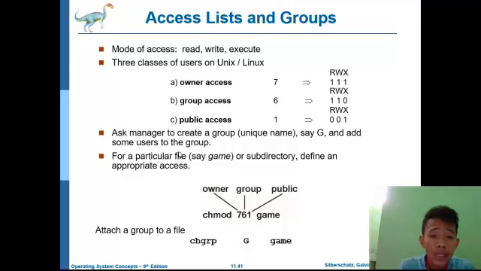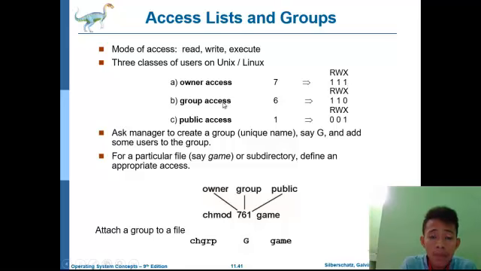May tatlong klaseng user of Unix Linux. Una, owner access. Sa owner access, may 7. Sa RWX, 111. Kumbaga, sa read, may 1. Sa write, may 1. Sa execute, may 1.